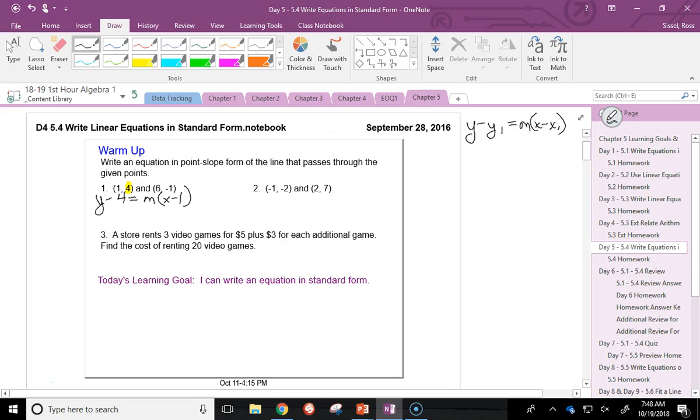Okay, what do we do now? Take a gander. Do we find the slope? We can find the slope. Okay, how do we find the slope? Alex? Okay, so we have all these terms that we're trying to remember.